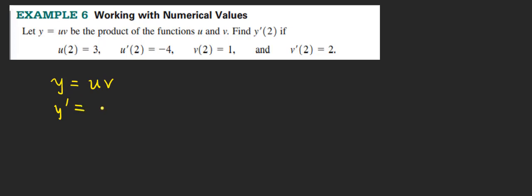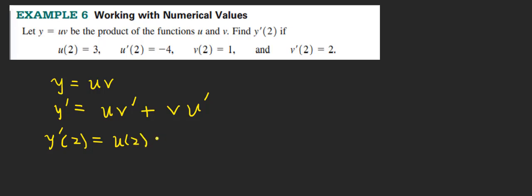Y prime will be, using the product rule, u times v prime plus v times u prime. Now our goal is to find y prime of 2. So this will be u of 2, v prime of 2, plus v of 2, u prime of 2.